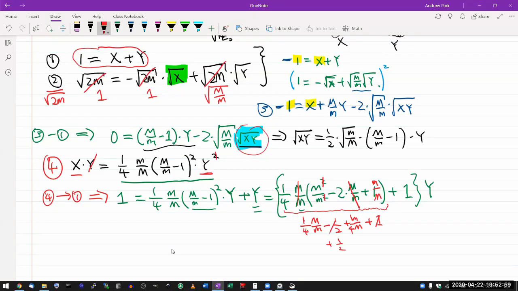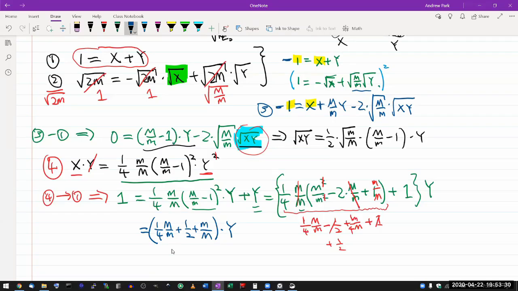So all this complicated expression on the right-hand side does get simplified a little bit into 1/4 big M over small m plus 1/2 plus small m over big M, times y. And I think you can simplify this a little bit more. You can refactor this back in.